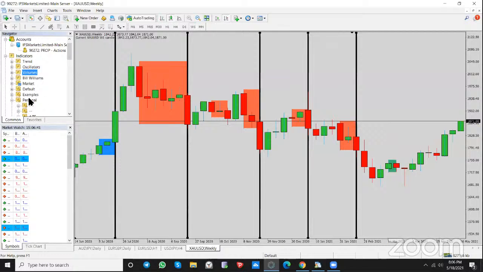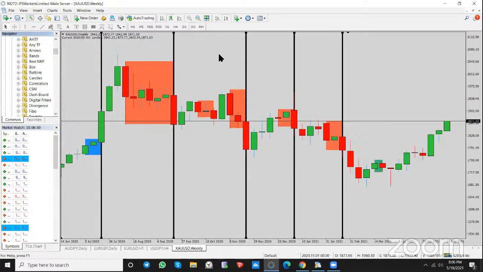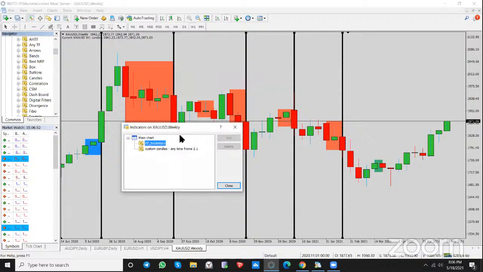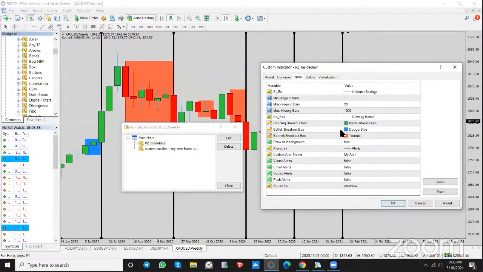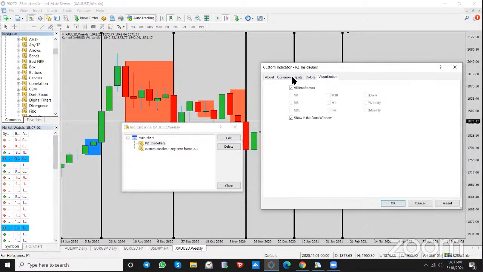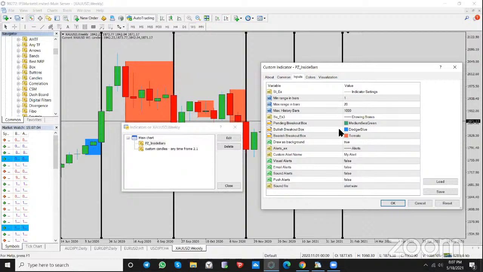All right. So once you find the indicator, drag it and put it on. So this is the indicator, easy inside bars. I didn't change anything. All this is by default. So I've not changed this indicator a single bit. You can play around. I think the only thing you should be playing around with is the minimum range in bars.